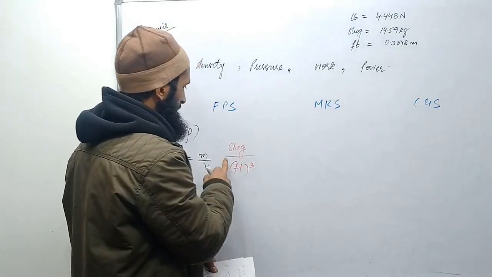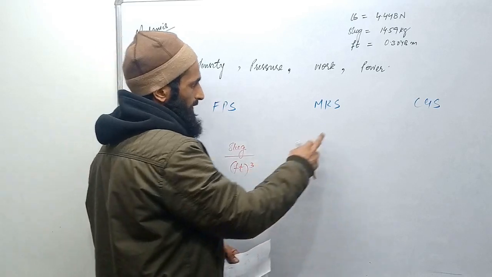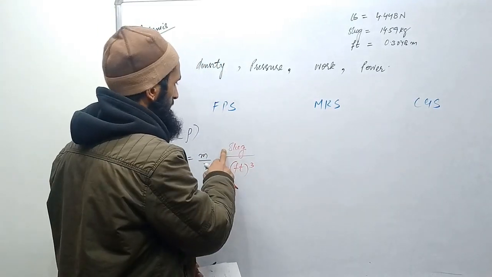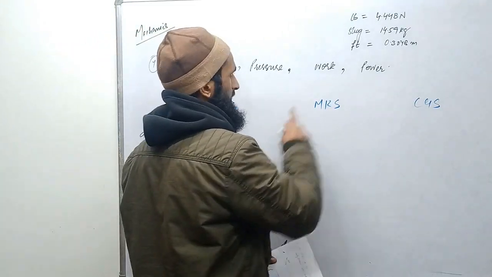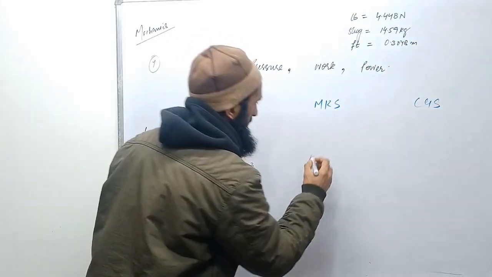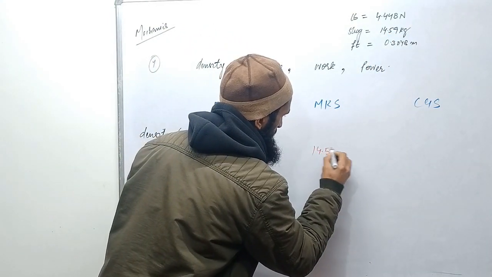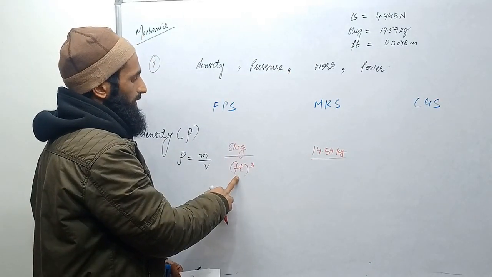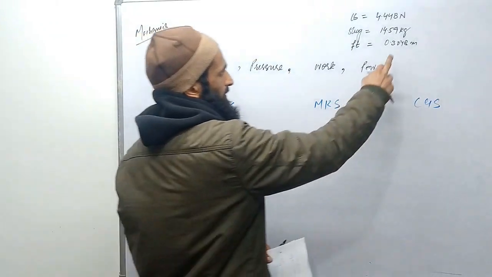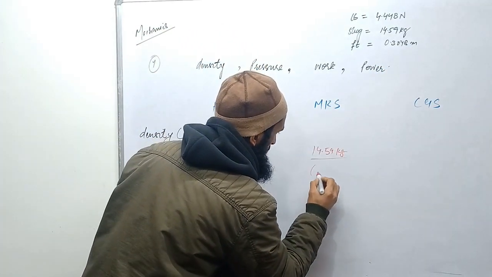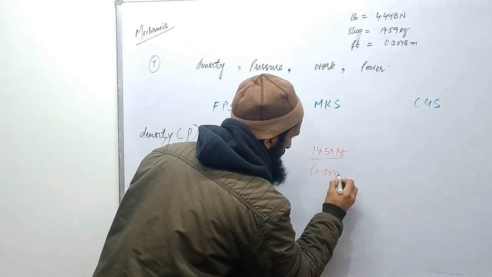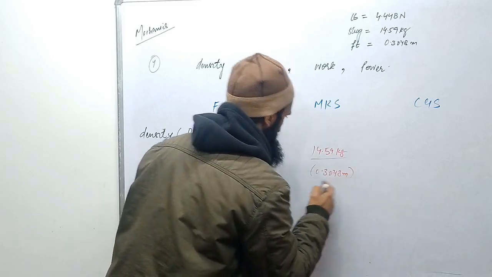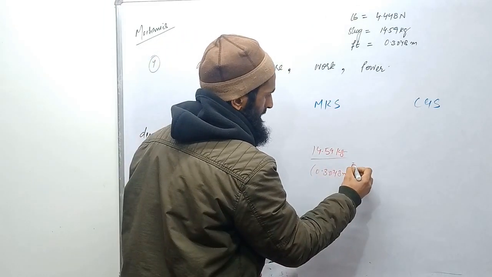Now we have to convert this slug per foot cube into MKS system. We know slug is equal to 14.59 kilogram, divided by foot cube. 1 foot is 0.3048 meter, so 0.3048 meter cube.